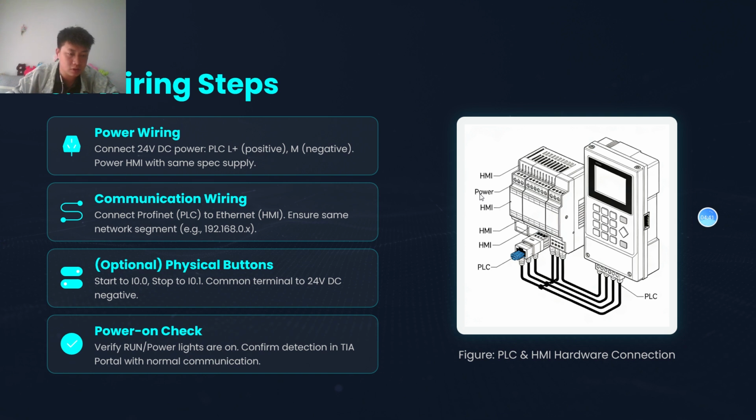And the physical button start to 0.0, stop to 0.1. Common terminal to 24 volts DC negative. Power on check: verify run and power lights are on, and confirm detection in TIA Portal with normal communication.